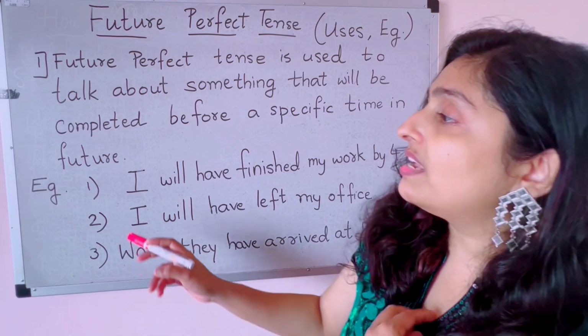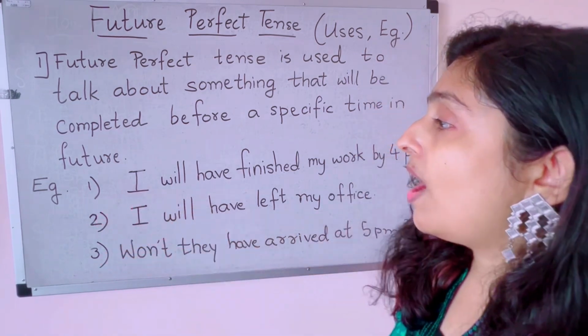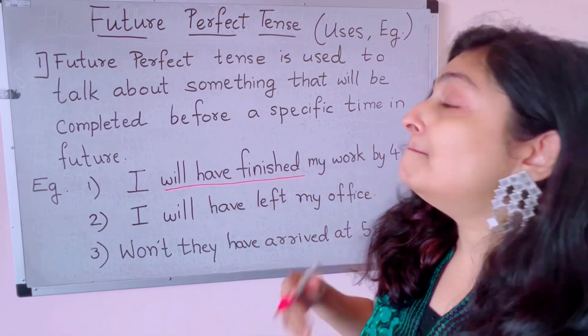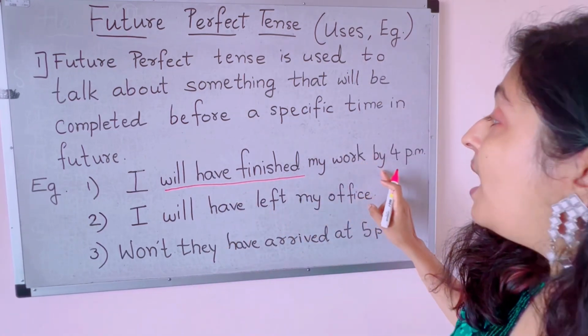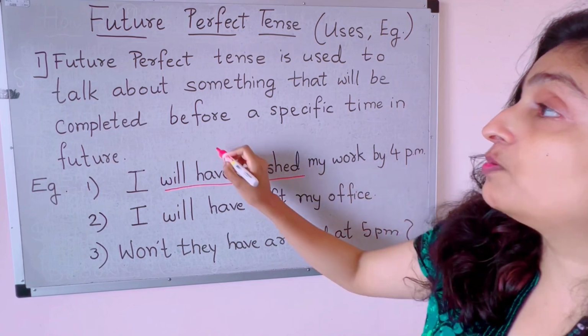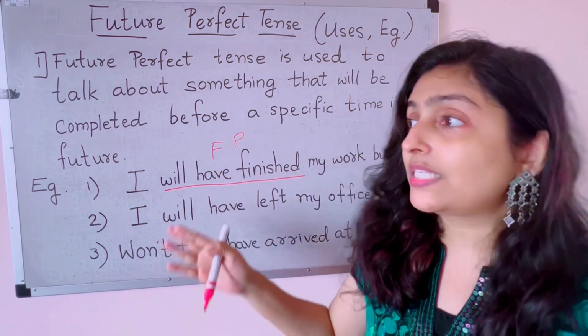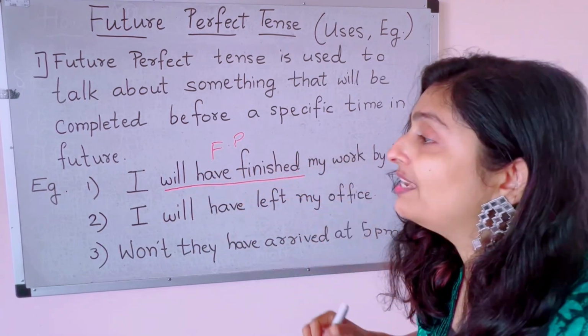Let's have a look at the example. Example 1. I will have finished my work by 4 p.m. So this verb is in future perfect tense. Will have finished.